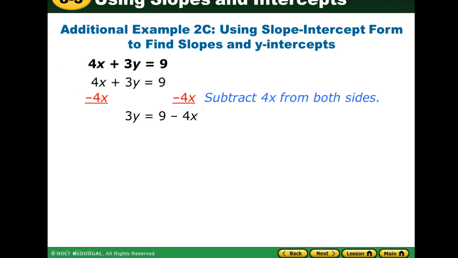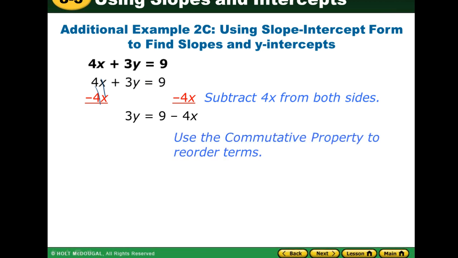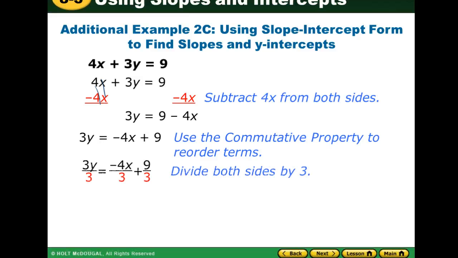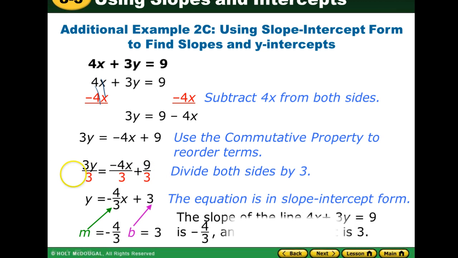Alright, so once we subtract, these cancel, and we have 9 minus 4x. Now be careful here, we are still not done. We have to divide by 3. Okay, so we divide both sides by 3, and remember, whenever we are dividing by 3, we are basically dividing the whole thing by 3, and then from there we just go ahead and simplify.